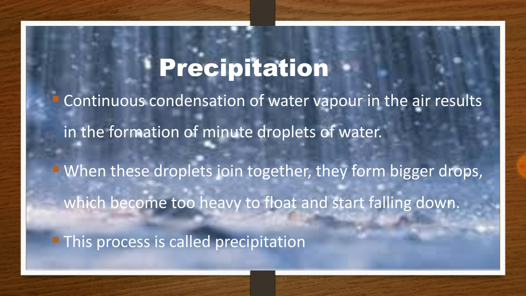When these droplets join together, they form bigger drops, which become too heavy to float. Thus, it starts falling down. And this particular process is called precipitation.